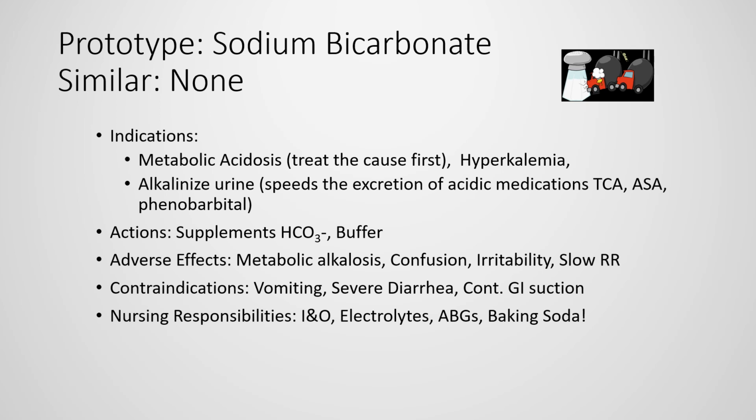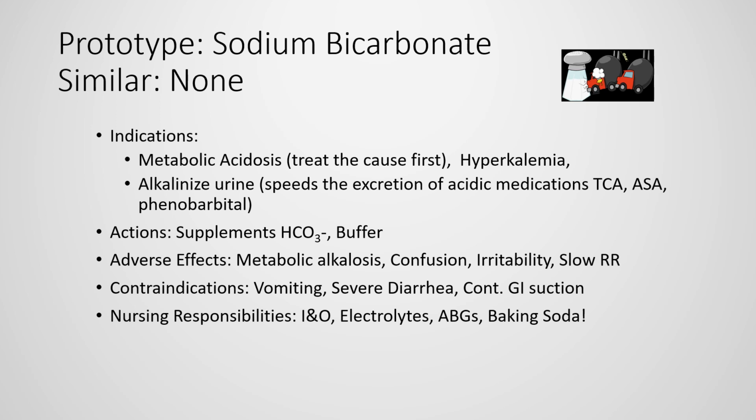We give them 1 to 2 amps of bicarbonate, and that causes potassium to go into the cells. We give them insulin in combination with a glucose drip, a dextrose drip, and insulin also causes potassium to go into the cells. So all those three measures that we just mentioned are to hide the potassium temporarily.